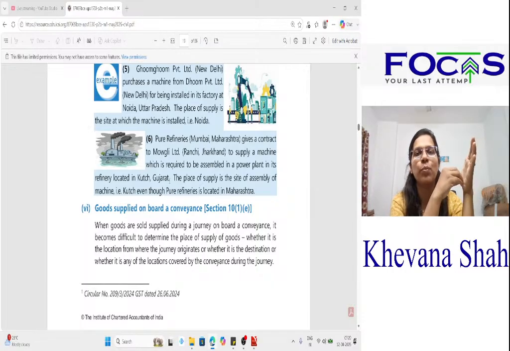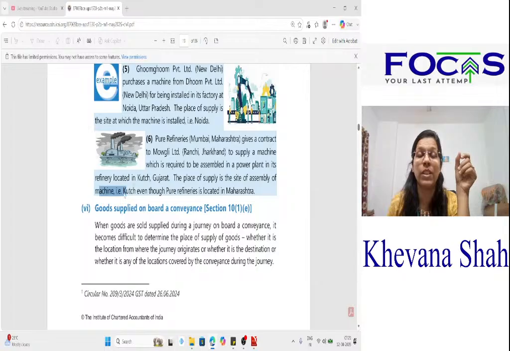Now Pure Refineries has given a contract to Mowgli Limited to supply a machine, and the location of that refinery is Kutch, Gujarat. So they need the machine to be installed at Kutch, Gujarat. So here the place at which your machine is being assembled, that is Kutch, Gujarat, will be the place of supply. See, the place of supply is the site of assembly of the machine, that is Kutch, even though Pure Refineries is located in Maharashtra.